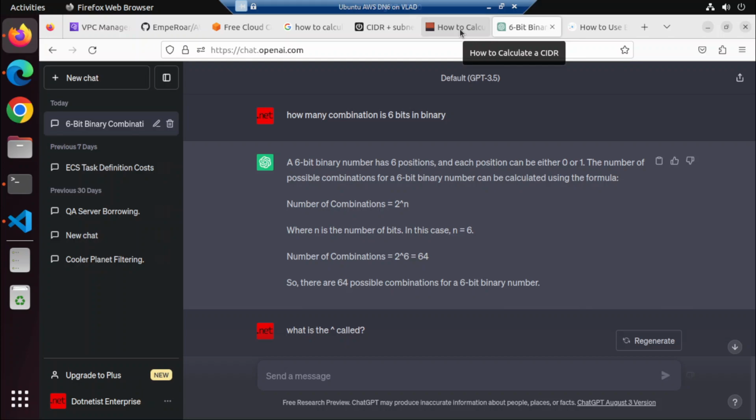So 2 to the power of 6. Alright, so I got it.